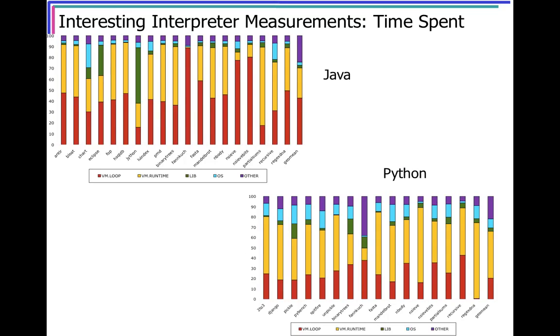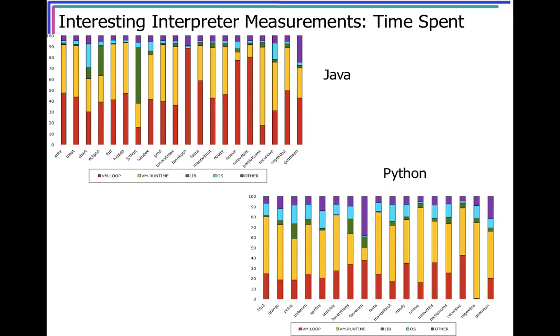If we take a look at some real programs and real interpreters, on the top we have Java, and on the bottom we have Python. These are both interpreters, and I just want to show you the difference. At the top, the bars are broken down. I'm going to describe them from the bottom to the top. The bottom, the red part of the bar, is the time spent in the dispatch loop. Above it is the time spent in the runtime.